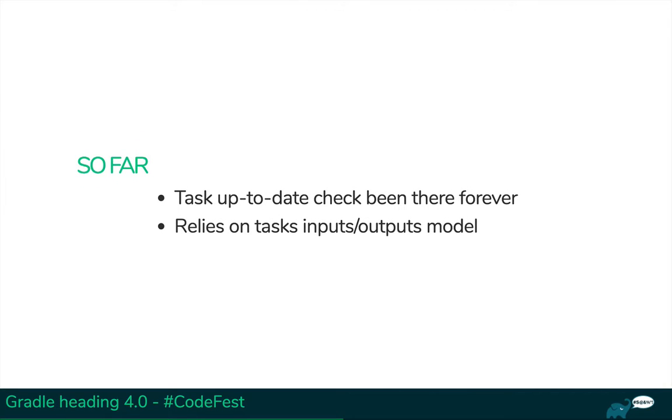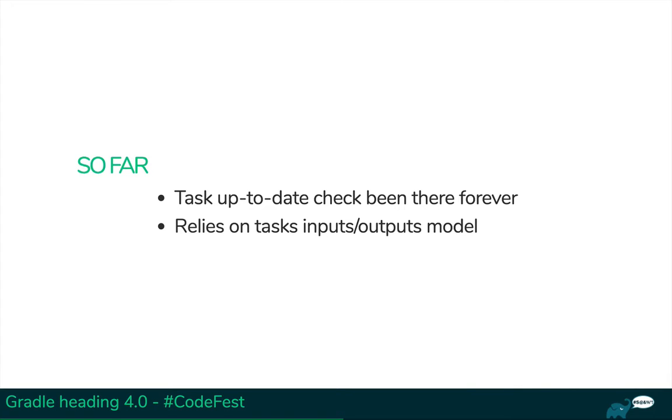So far we have the up-to-date checks in Gradle that have been there since before Gradle 1.0. So Gradle is a task-based build tool, and if one task notices that its inputs haven't changed since the last invocation and the output is still there untampered, it marks the task as up to date and skips executing, right? That's a huge benefit and brings a lot of improvements.